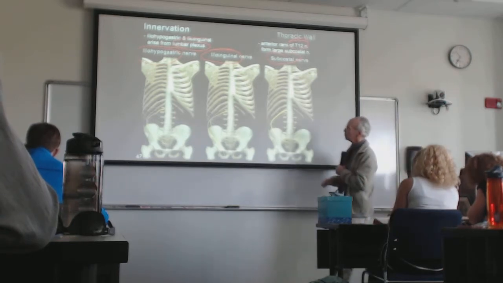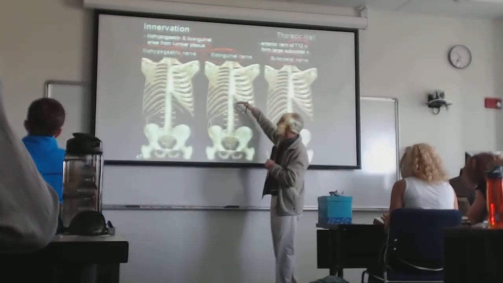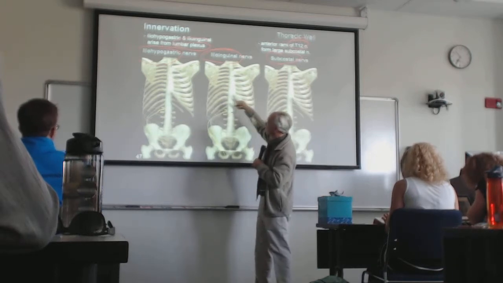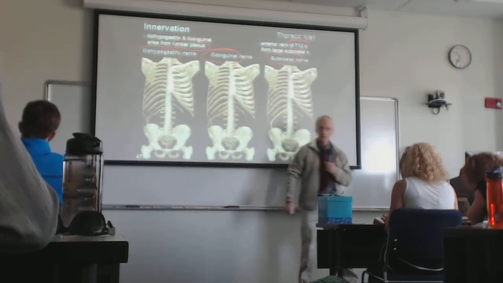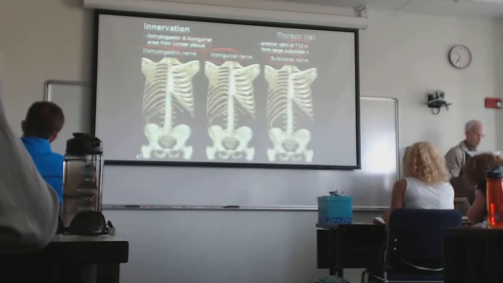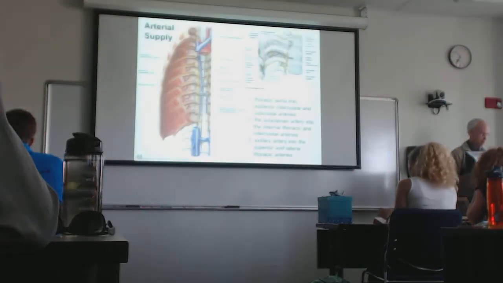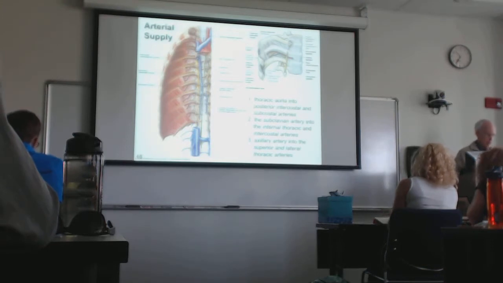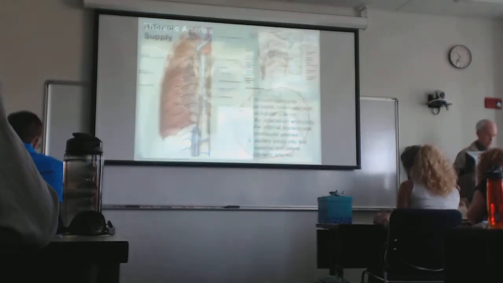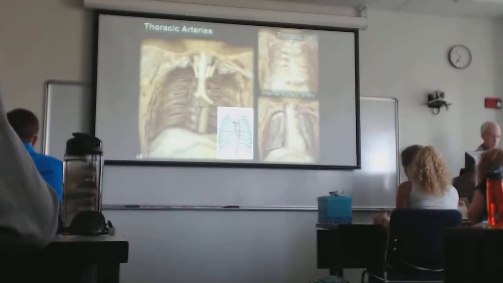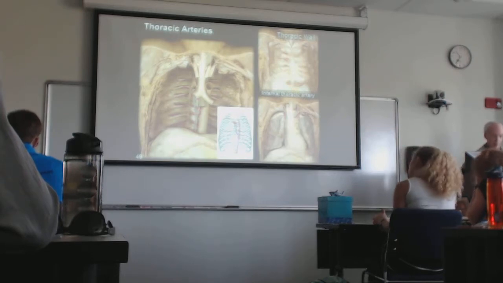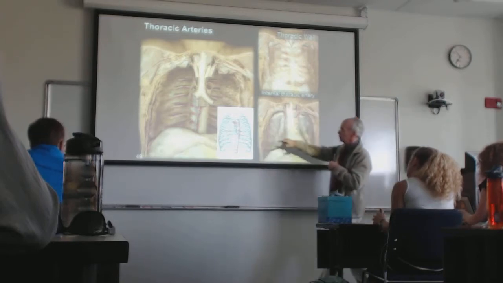Part of the problem here is, remember, the abdominal cavity extends well into the thoracic cage, the rib cage, and deciding whether these neural structures are thoracic or abdominal. There's nothing new here. We've talked about all of this. I have another picture here. These intercostals originate directly from the aorta.